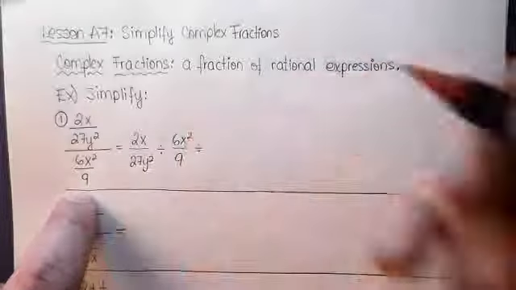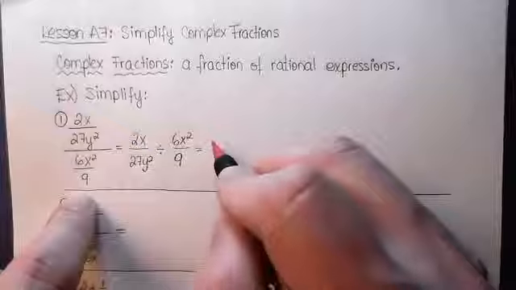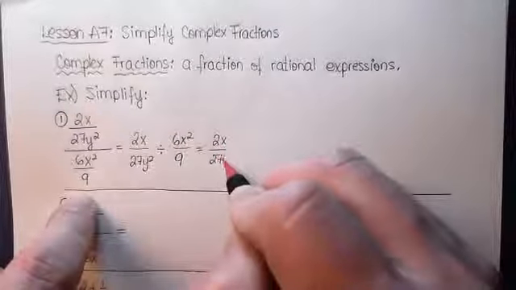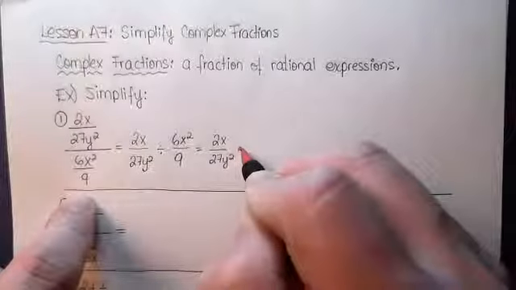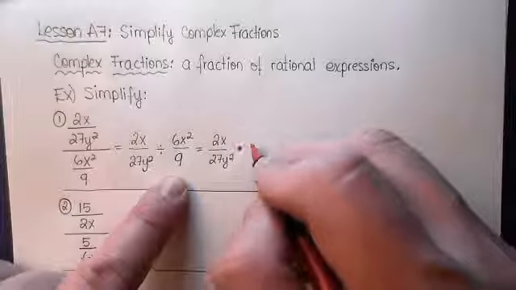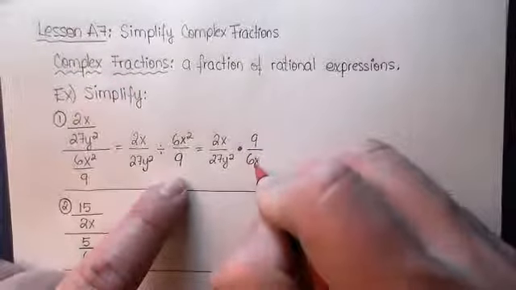And if you remember how to do division of fractions, you copy the first fraction, change the division sign to times, and you flip the second fraction, which would be 9 over 6x squared.